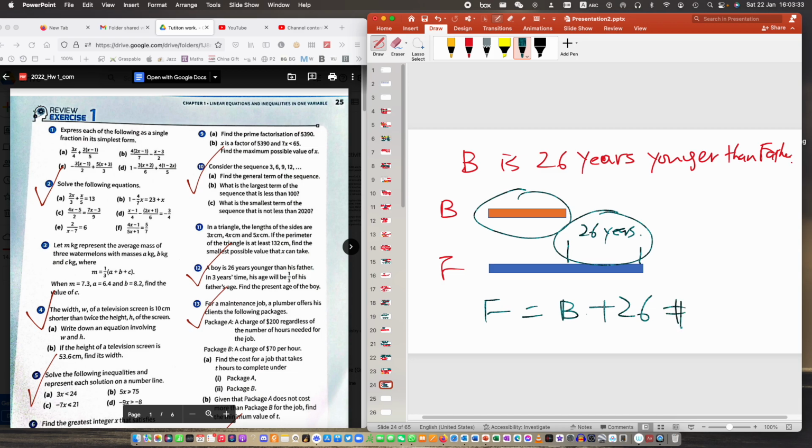Done. Okay? And then his age will be 1/3 of his father's age in 3 years' time. Okay, I formed this equation first. Now second statement: in 3 years' time. In 3 years' time, the boy is still the boy, the father is still the father.